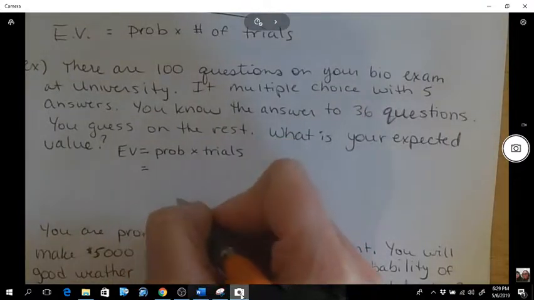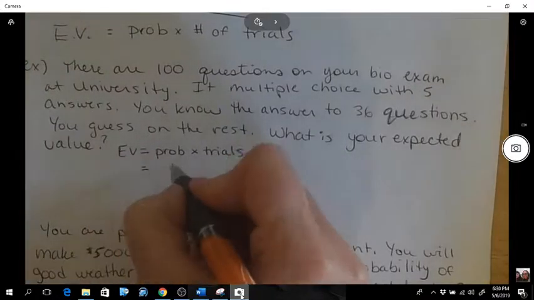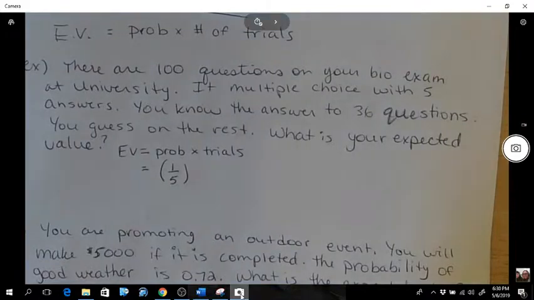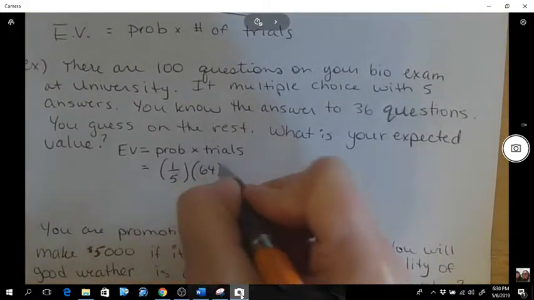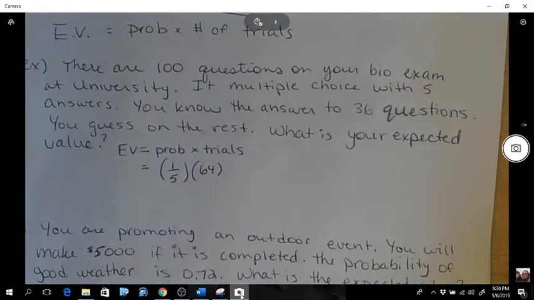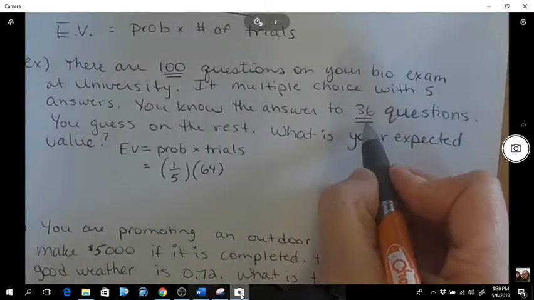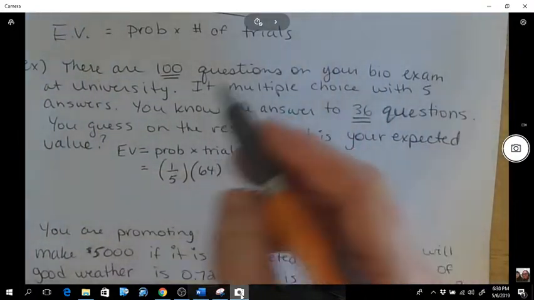The probability that you would get a question right is 1/5, because you have 5 choices and you are going to guess 1 out of 5, and we are going to guess on 64 questions. Because we knew 36 out of the 100 on the test, so 64 was our guessing.